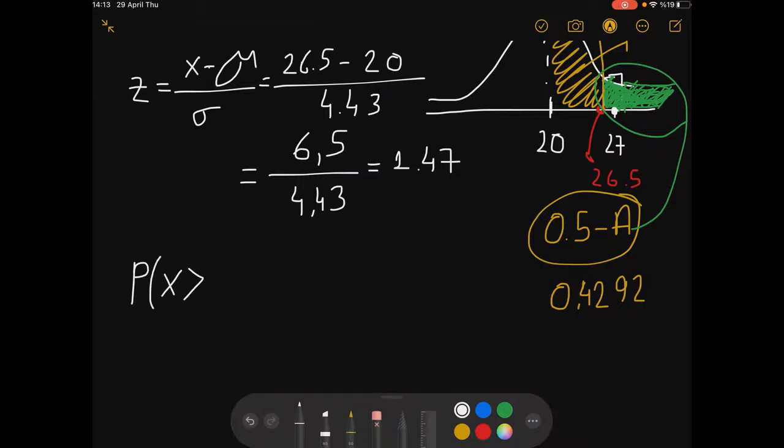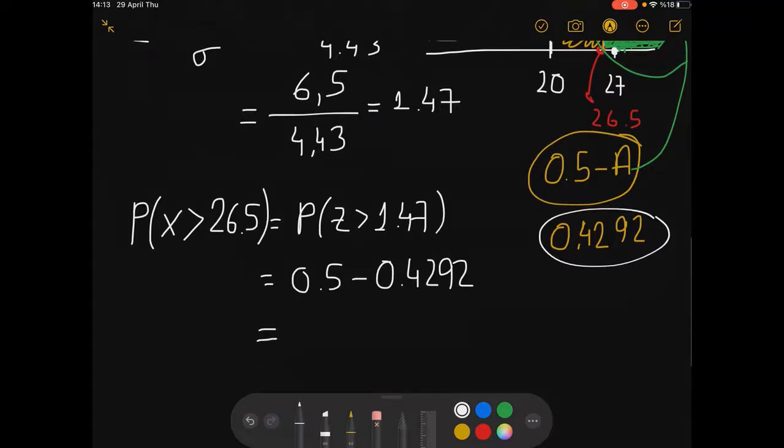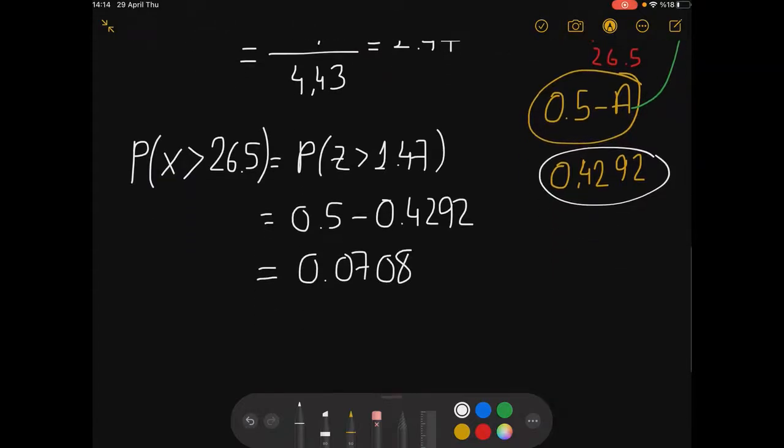X greater than this one will give you the probability of Z being more than this one, and the result will be 0.5 minus this value, 0.4292, and your answer will be 0.0708, and it would correspond to about 7% probability, right?